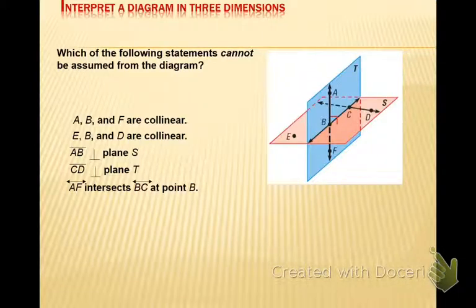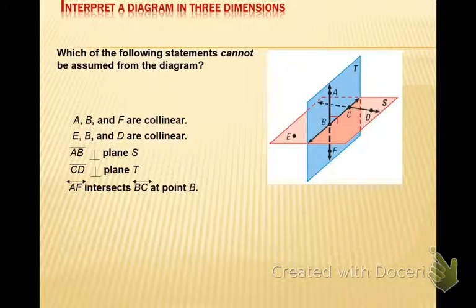So this is not in your notes. Let's see if we can't get through this anyway. Which of the following statements cannot be assumed from the diagram? Can you assume that point A, B, and F, if you can see the diagram well enough, are collinear? Why? Yeah, there's a line that actually contains them, right?